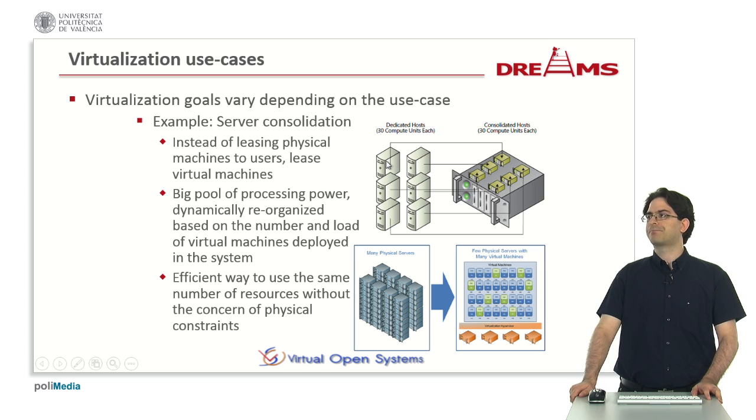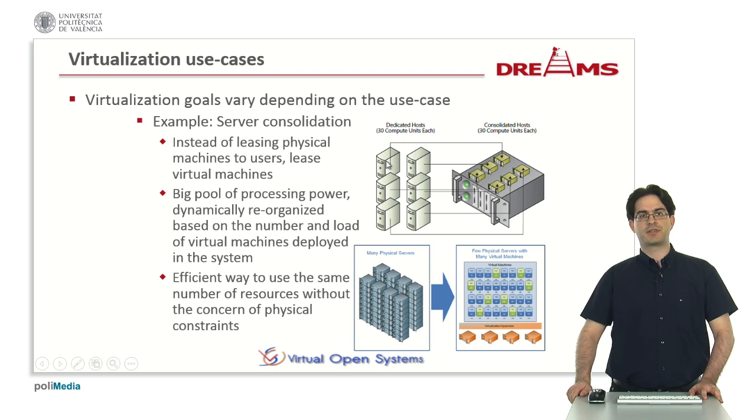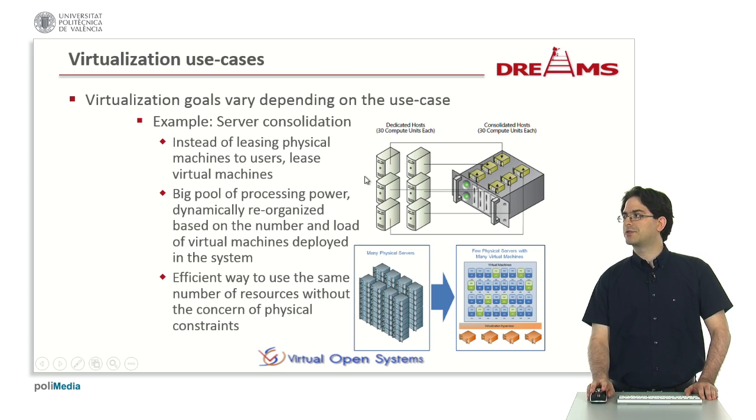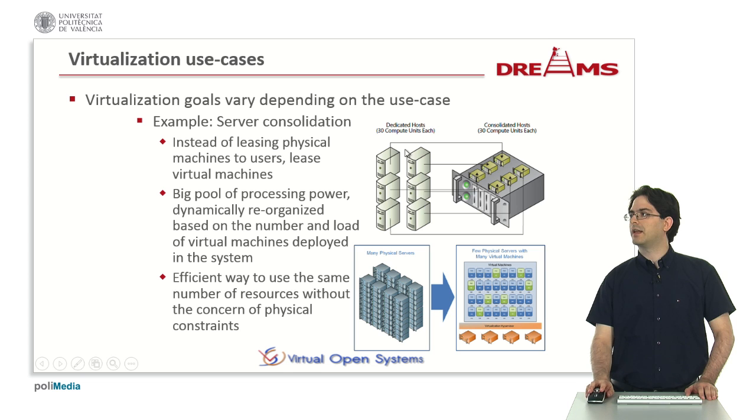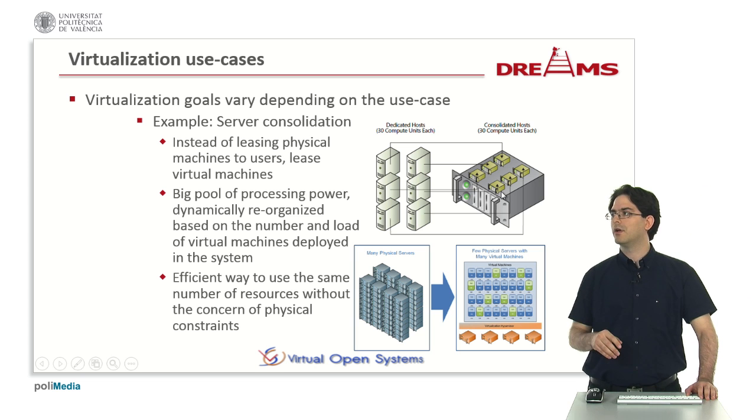For example, this big pool of processing power can be dynamically reorganized based on the load and the users and how many virtual machines are deployed in the system. As you see in the picture here, these are the physical elements, and nowadays we have a large pool of elements on which virtual machines are created dynamically.